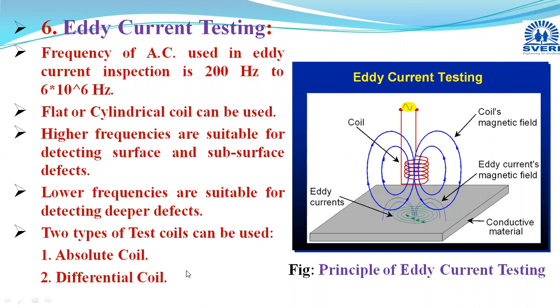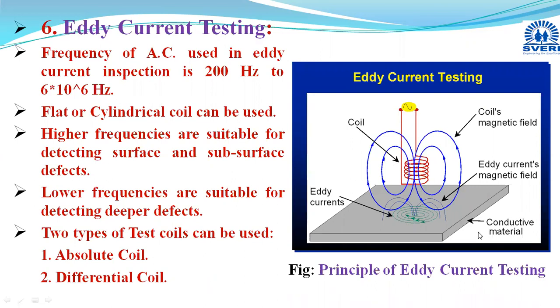If the output of both coils is zero after application of the alternating current, then it is a defect free component.